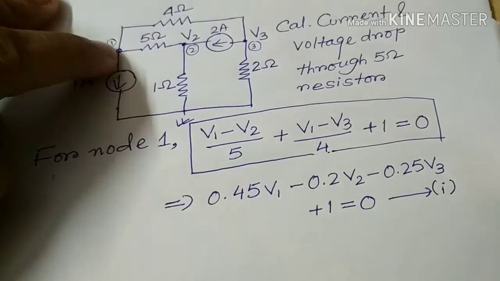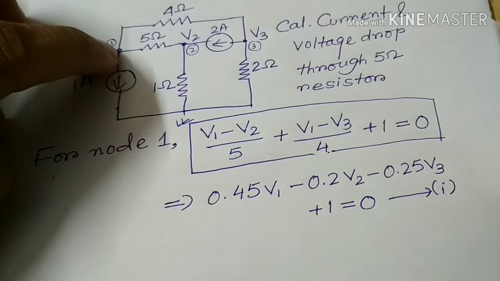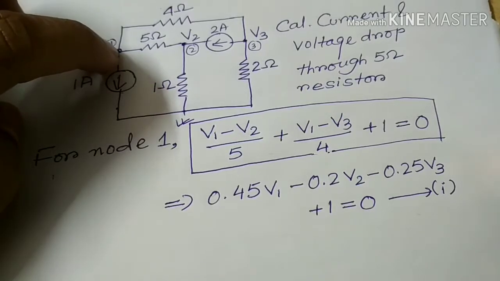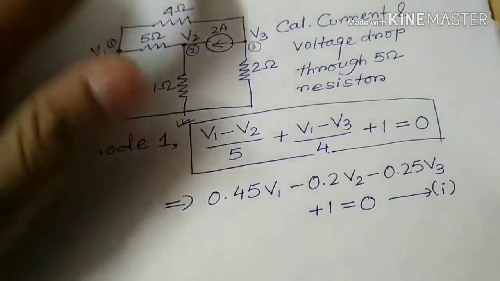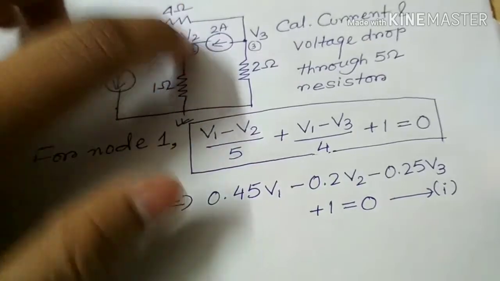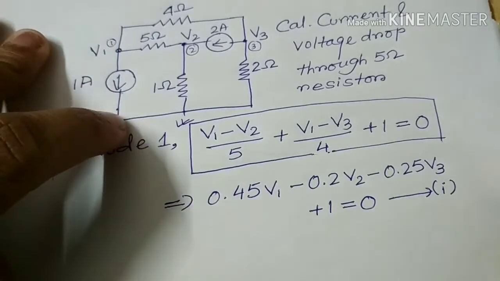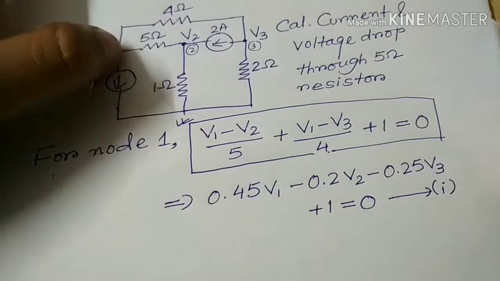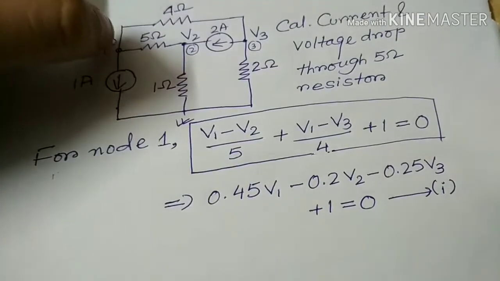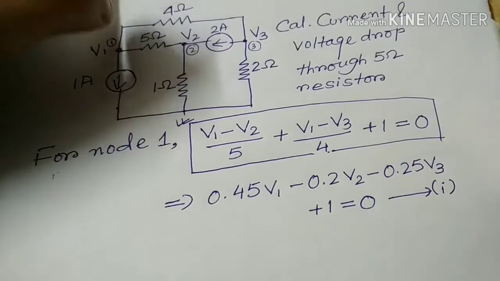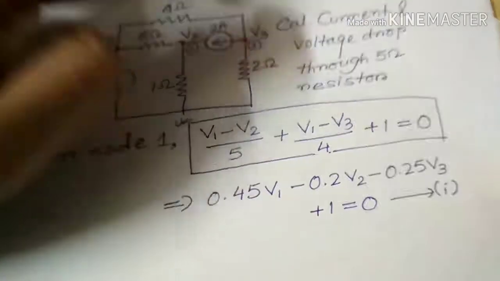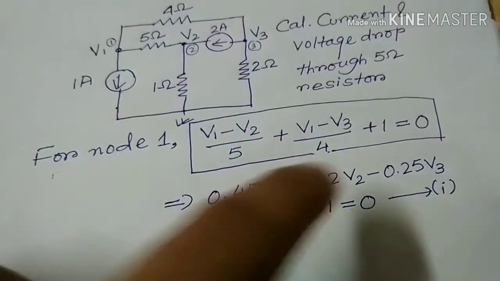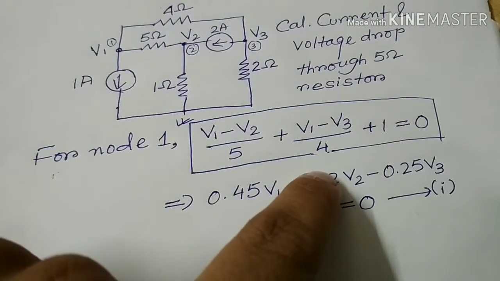As we assume V1 as the highest potential, the current flows from V1 to V3, V1 to V2 and V1 to the ground. So this is plus 1, this is (V1 minus V2) by 5, and this is (V1 minus V3) by 4. So this is the equation for node 1.